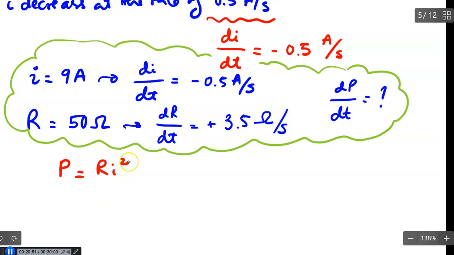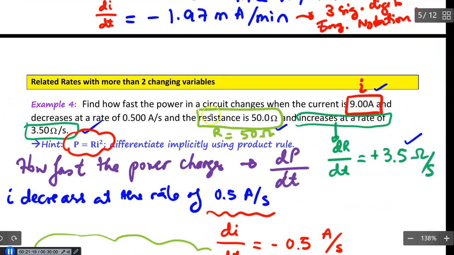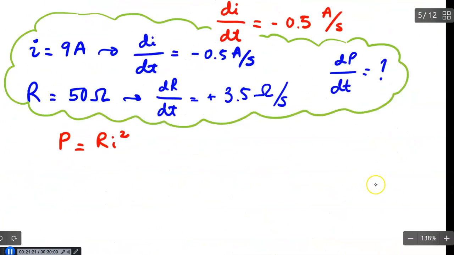You are going to differentiate this formula with respect to time. So differentiate implicitly both sides of the equation with respect to time, and then substitute all of these variables in, because there's no fixed value here, since I and R are both changing. So this problem has two changing variables.